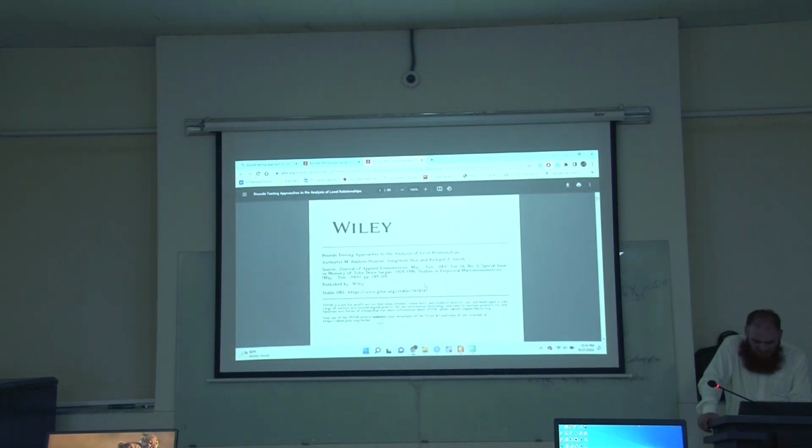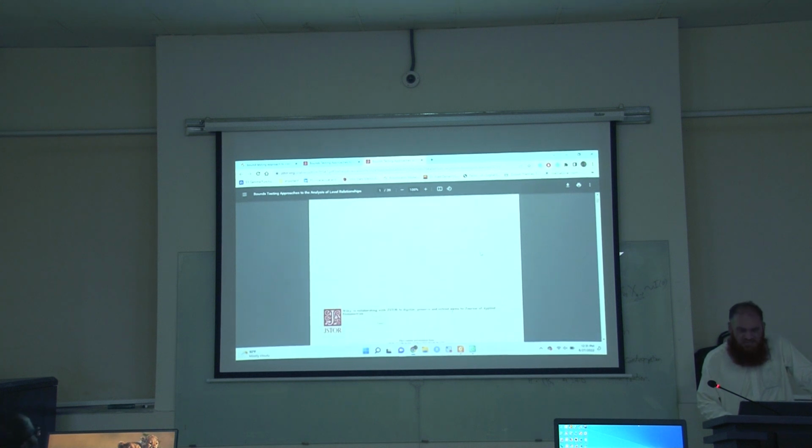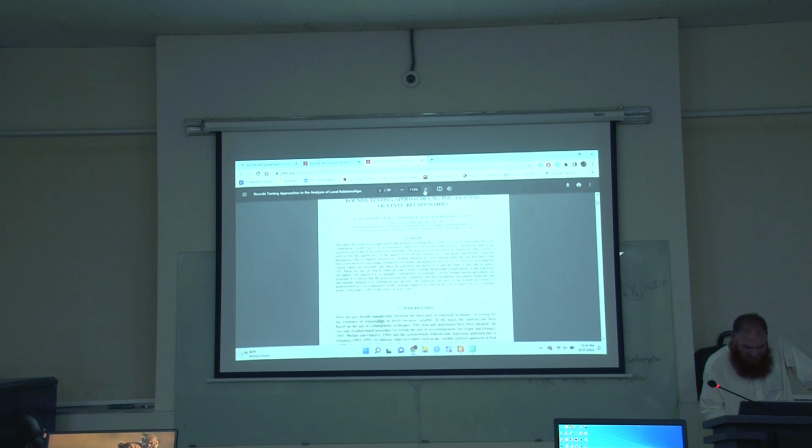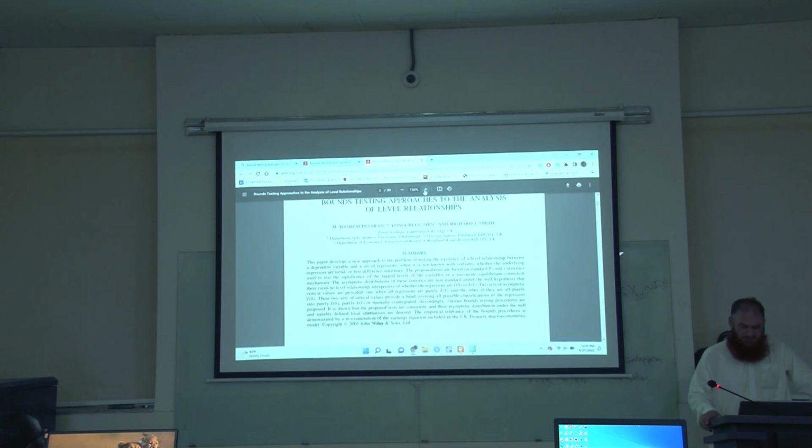This is basically the paper on bound testing. This paper has proposed the test, and let me look at the abstract. This is saying that two sets of asymptotic critical values are provided.